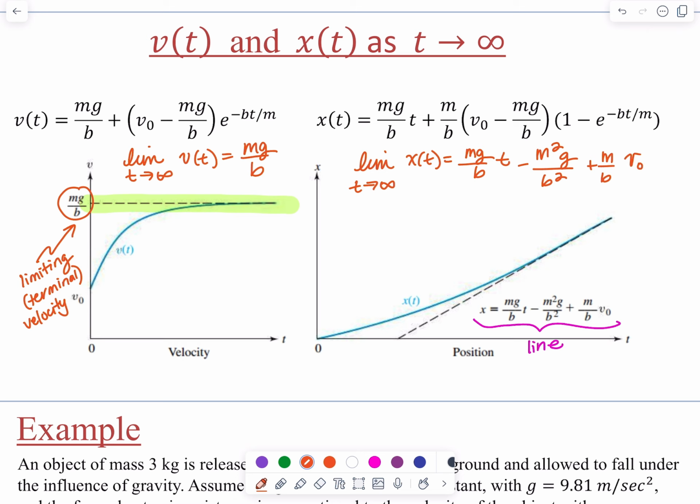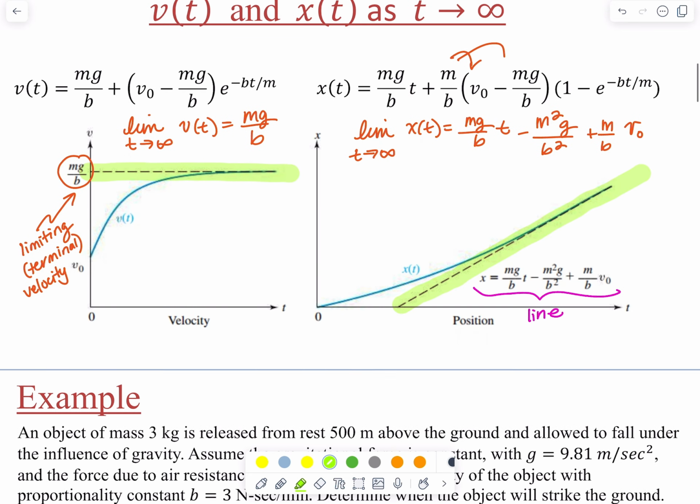And you can see that, of course, when we distributed this m over b, and this term went to 0, we still had the 1.